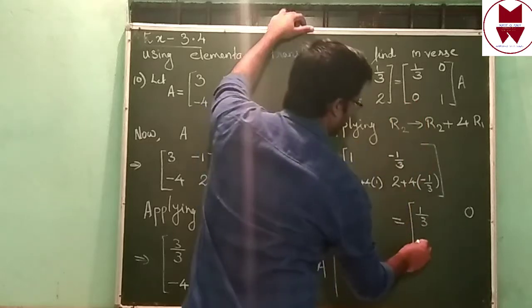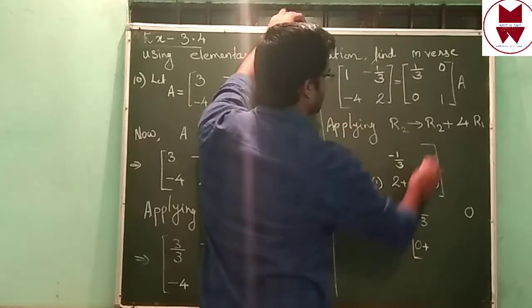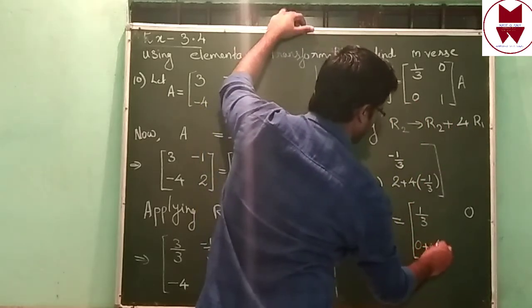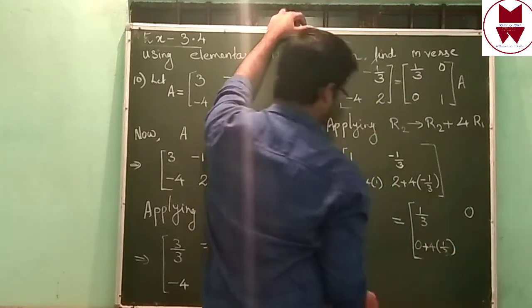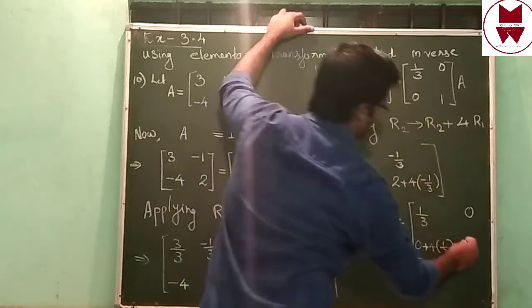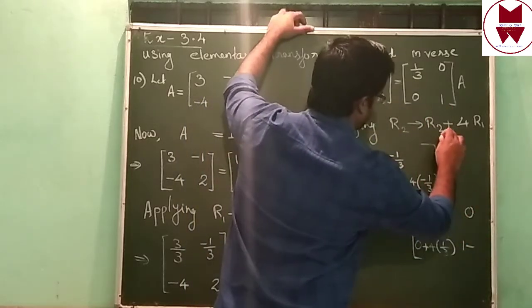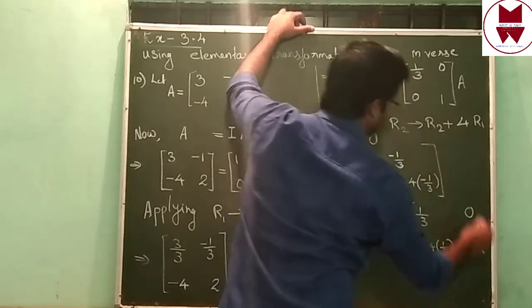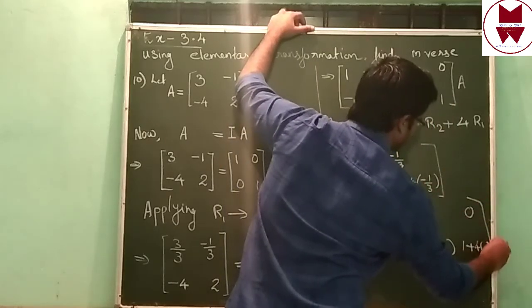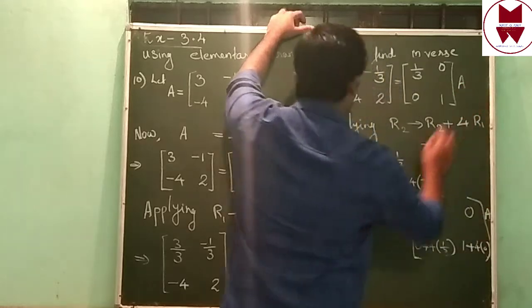Then R2 is 0 plus 4 R1, 4 into R1 is 4 by 3. Then R2 is 1 plus 4 into R1's 0, into A. Same A.